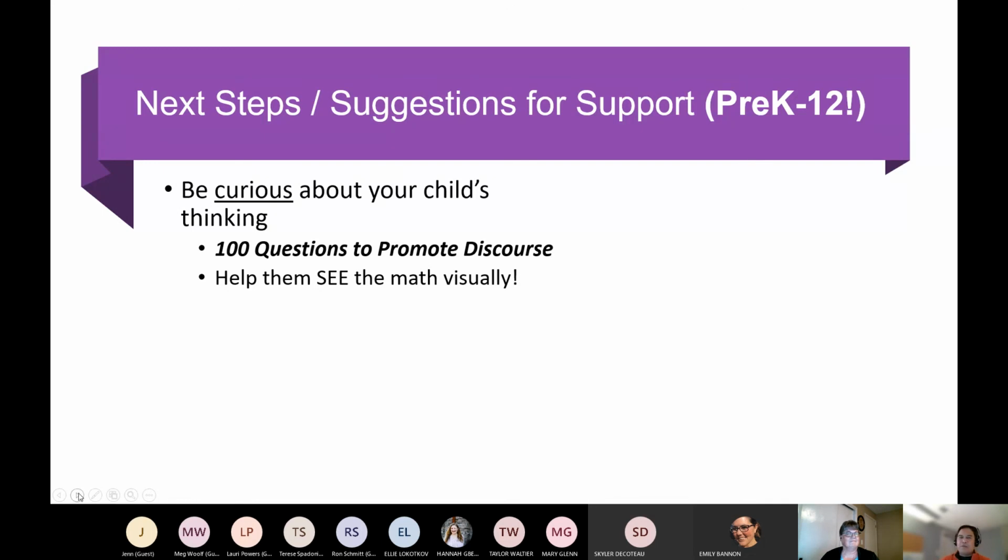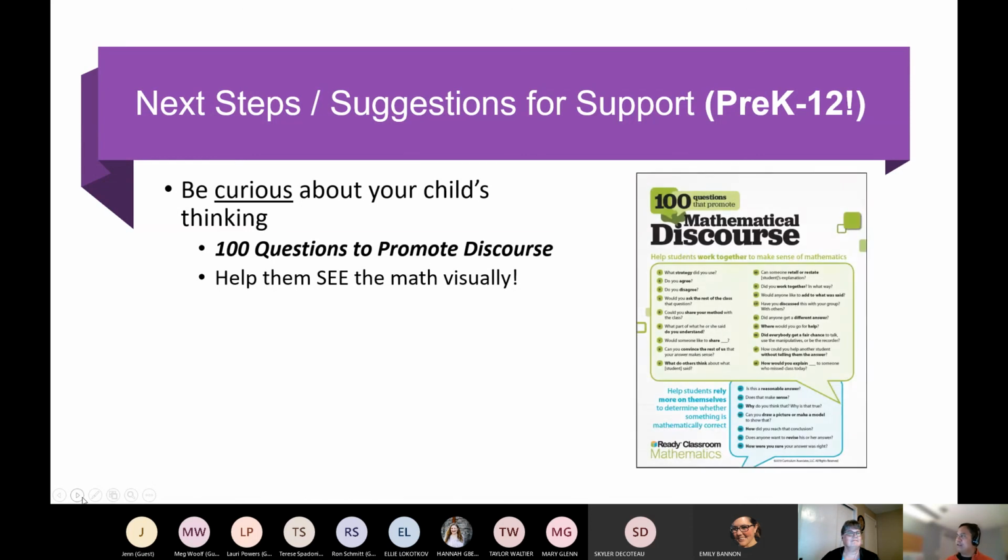So one of the things that we contend is about being curious about your child's thinking, right? So it's really about asking questions that help them to discover what they know and where the mathematics breaks down for them. In the document that we shared, I think it's a 4-page document, there are 100 questions that promote mathematical discourse.